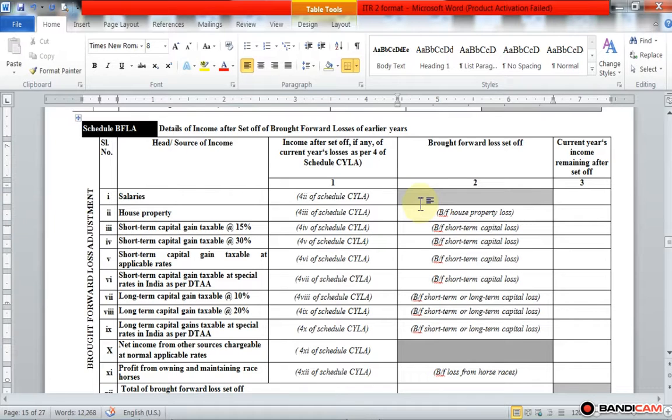So here we take earlier losses, that is, previous losses, into consideration in Schedule BFLA. Furnish the information of earlier losses that are brought forward.